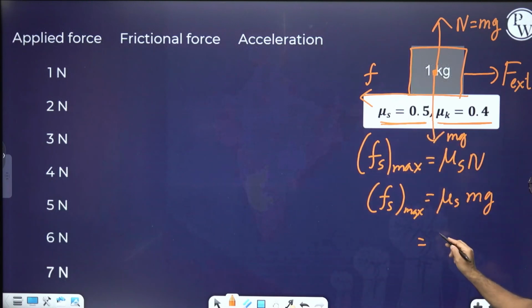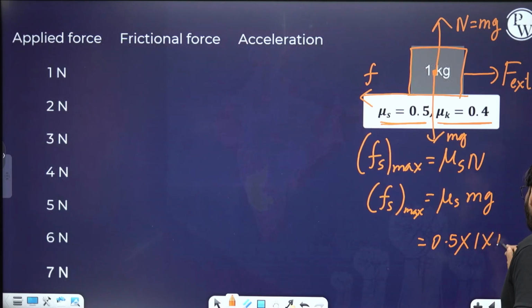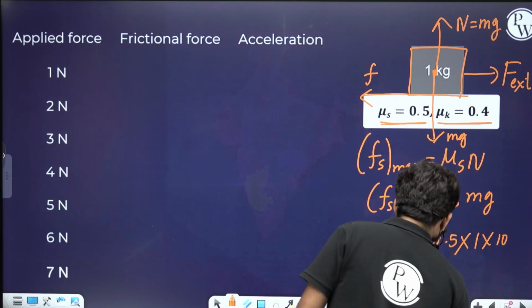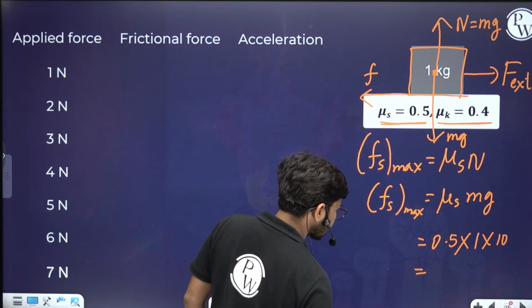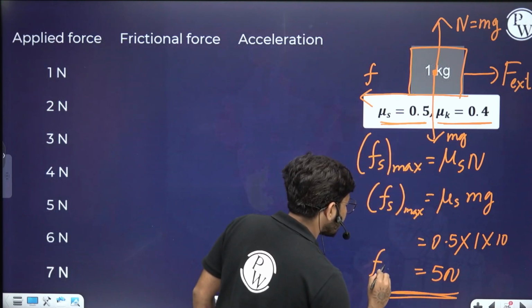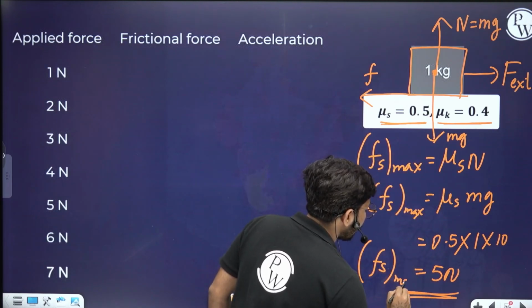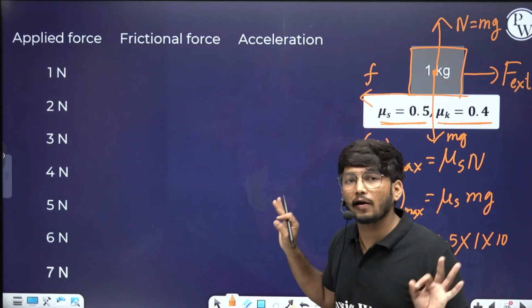Mu s is 0.5, m is 1 kg, and g is 10. So Fs max is 10 into 0.5, which is 5 Newton, right? So until more than 5 Newton is applied, the block will not move, correct.